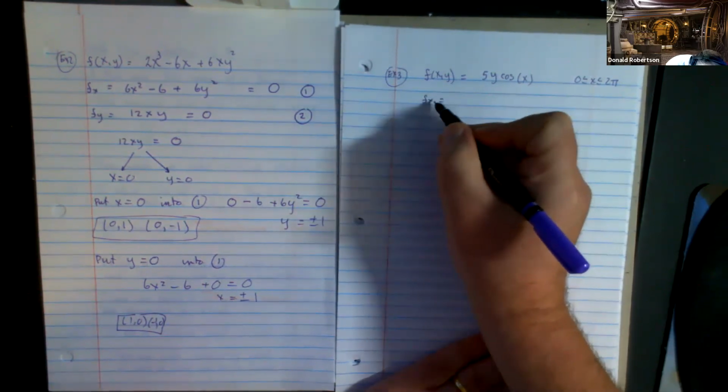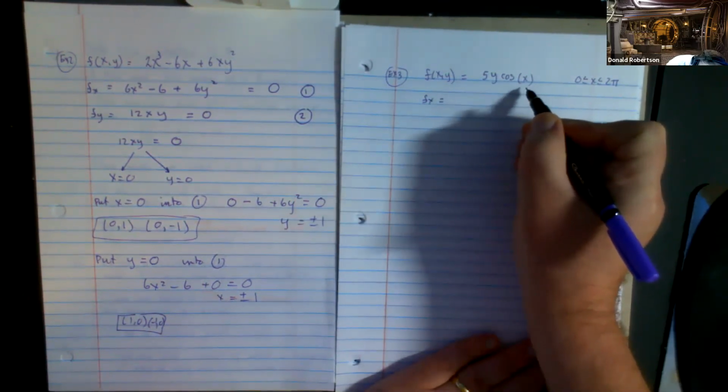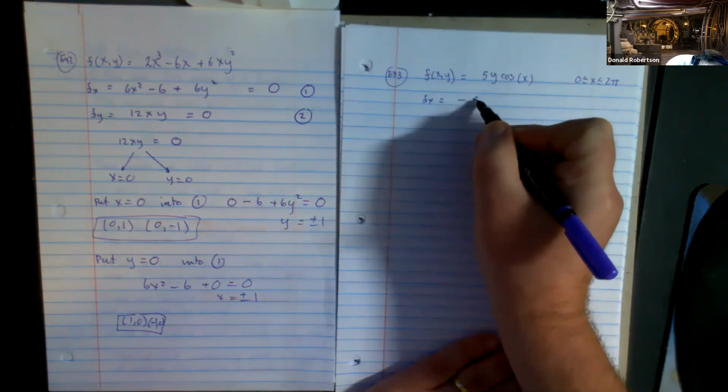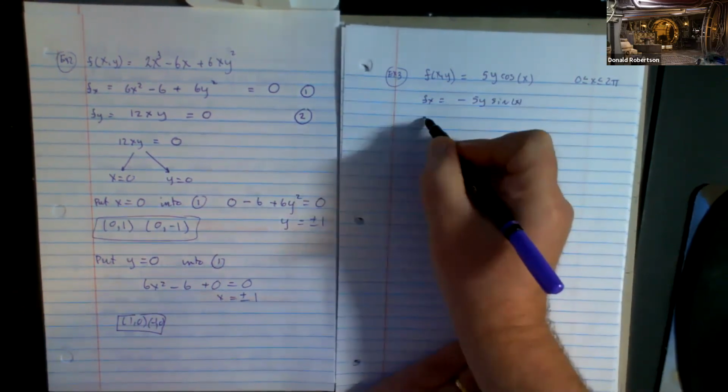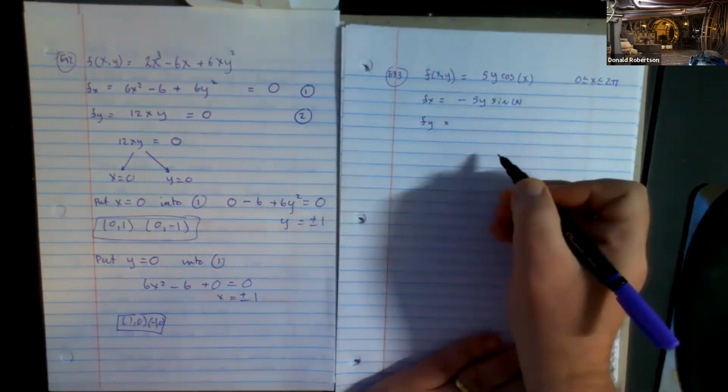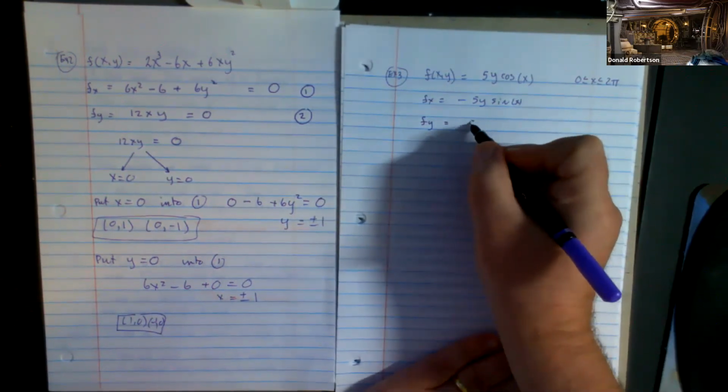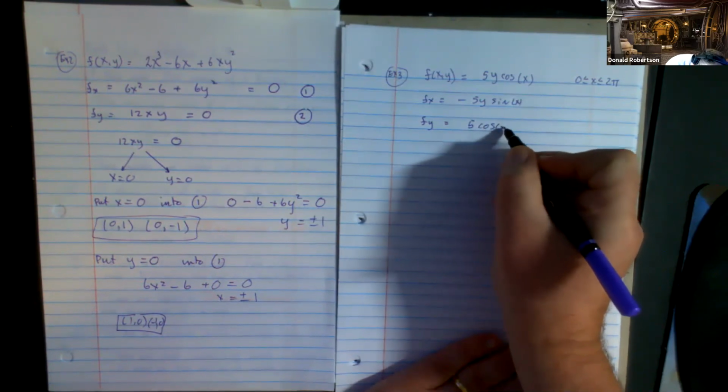Right, partial derivative with respect to x is going to be -5y sin x. Partial derivative with respect to y is going to be 5 cosine x.